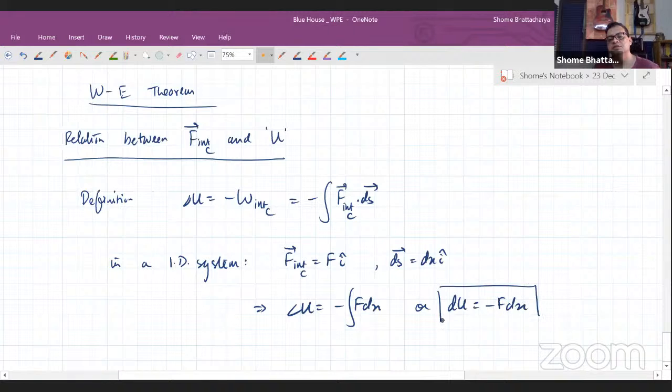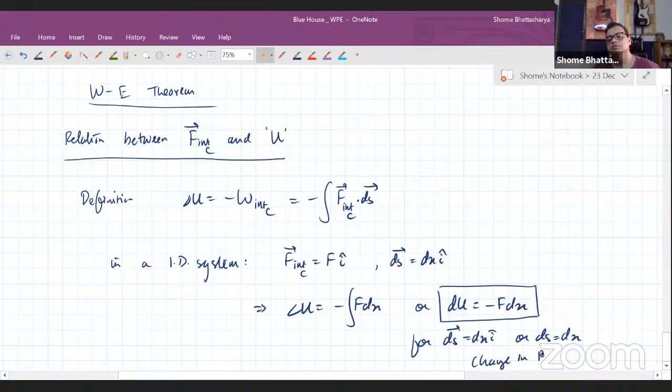This becomes the definition that for a small displacement of dx i cap, or basically just a displacement of dx, the change in potential energy dU is minus f dx. This becomes the definition.